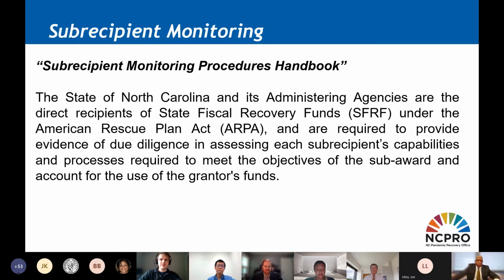And that handbook opens with the statement. It sort of speaks to, with those general regulations that I talked about, it brings it home to us.